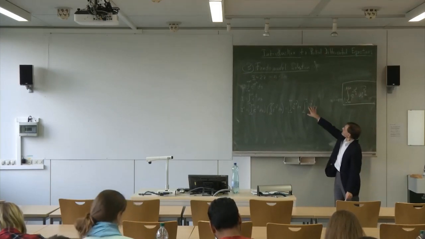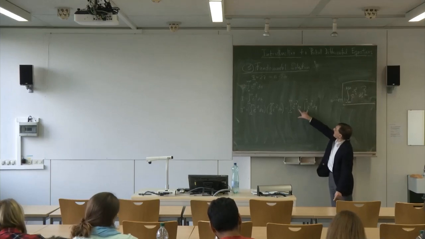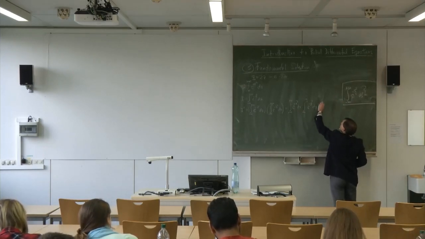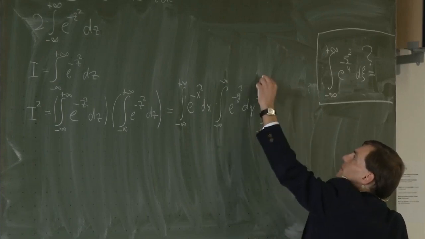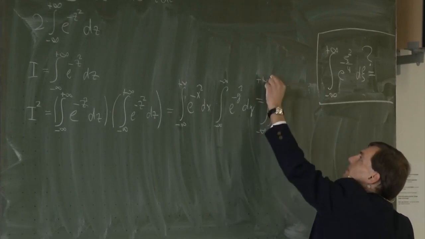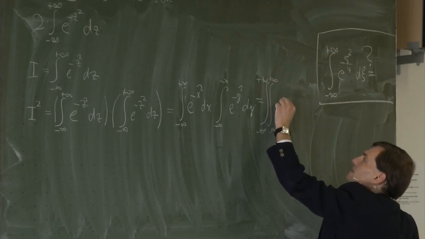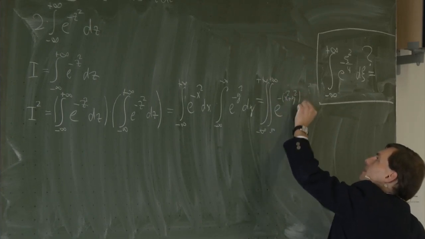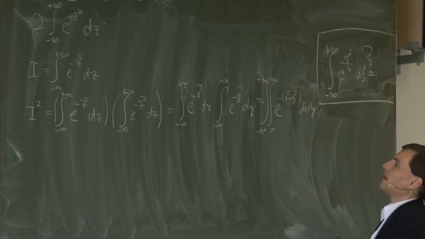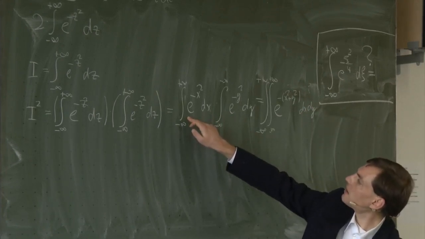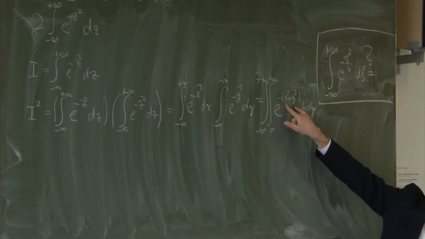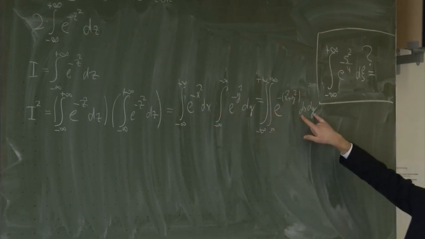Okay, well, this can be moved together and written as a double integration from minus infinity to plus infinity over the exponential function of minus x squared minus y squared, dx dy, right? I just move the integral here, bring the exponents together, and I have dx and dy here.